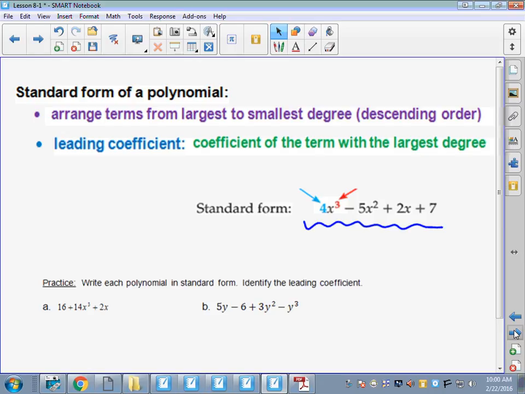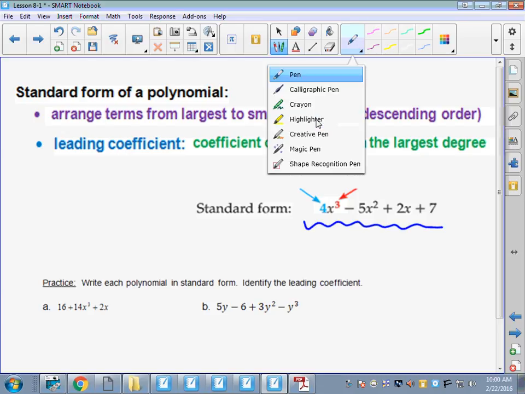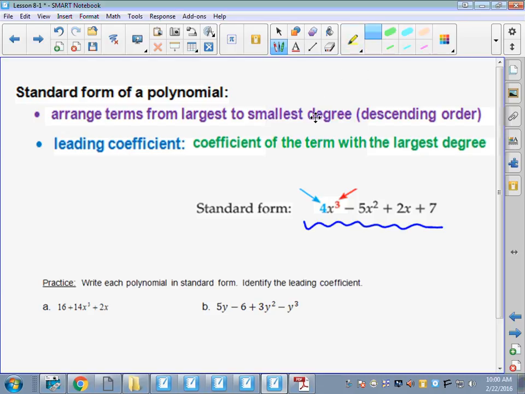When I'm looking at standard form, notice the exponents on my x. I've got a 3, and then I've got a 2, and then I've got a 1 or no variable, and then I've got no x's at all. And the 3 is my degree.